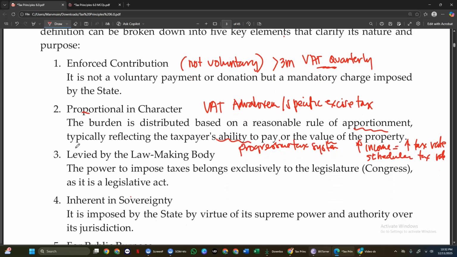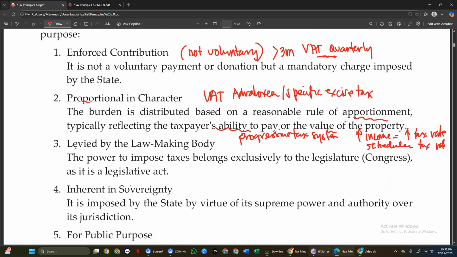The next is that it is levied by the tax lawmaking body. So strictly, it is exclusive to the legislature or the lawmaking body.